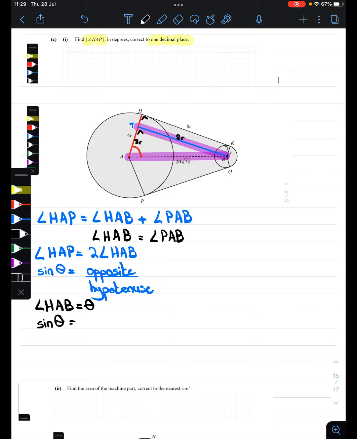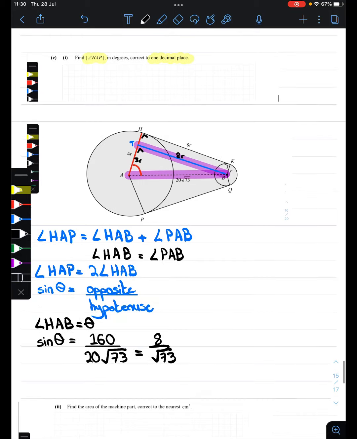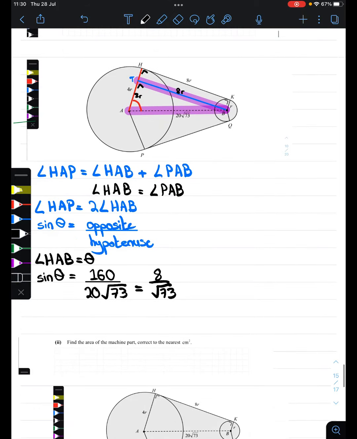So this will be 8r, 160, over the hypotenuse, 20 root 73. And this is just 8 over root 73.